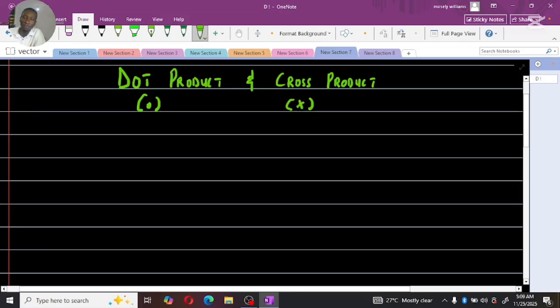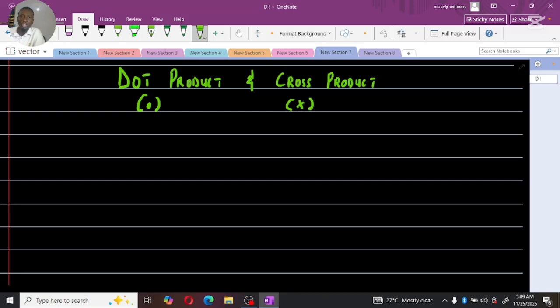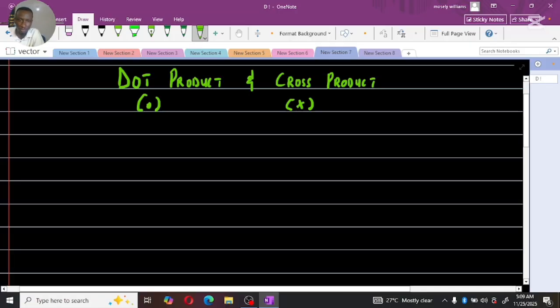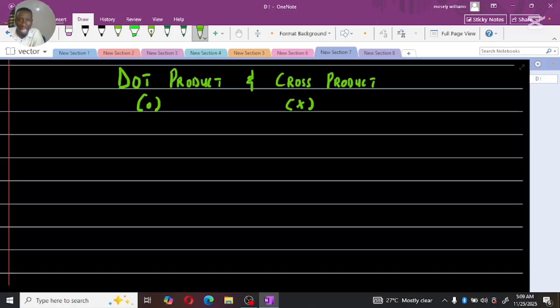Very good. Now, like I've said, dot product, when you have two vectors that have both magnitude and direction, vector A and vector B, and we are taking the dot product of these two vectors, they are going to give us a scalar value.